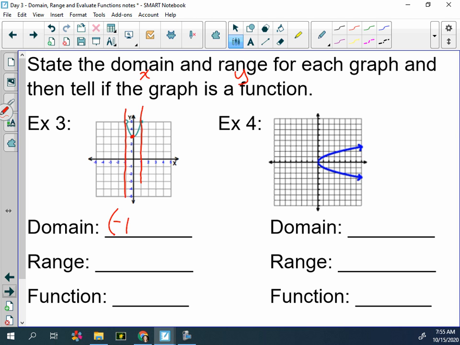So -1 is my smallest x, and the U dips down and stops over here, which on the x-axis coordinates with +1. So comma 1. It is closed, so I get a bracket. I have tunnel vision from left to right. Domain: on the x-axis, left to right.